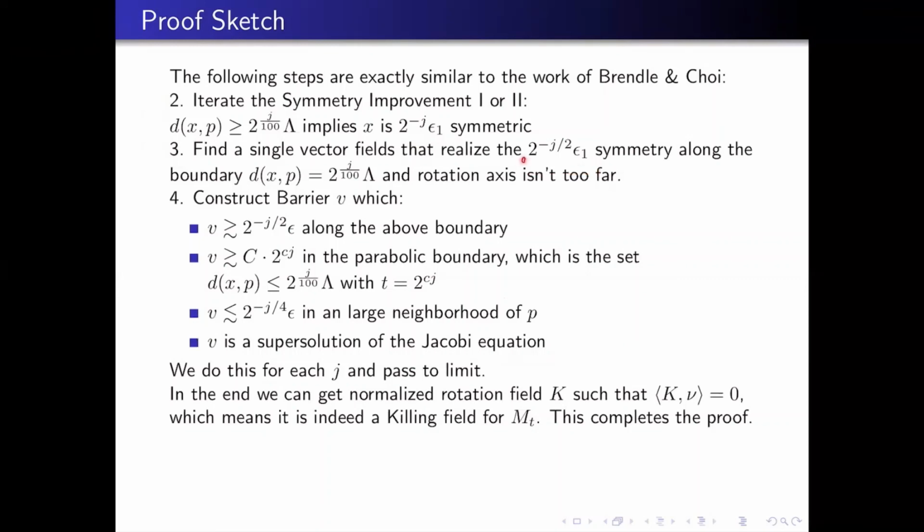Note that during the gluing argument, we always lose some constants, but these constants are always controllable. The last step is to construct a barrier such that it overcomes the bounds we have obtained on the parabolic boundary, but is small enough near the points under consideration.